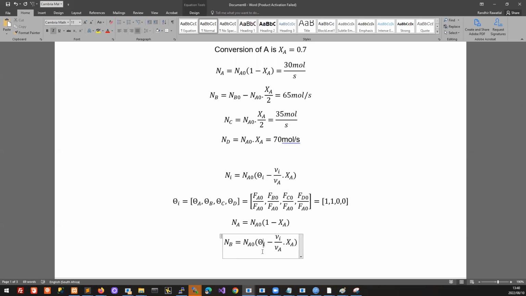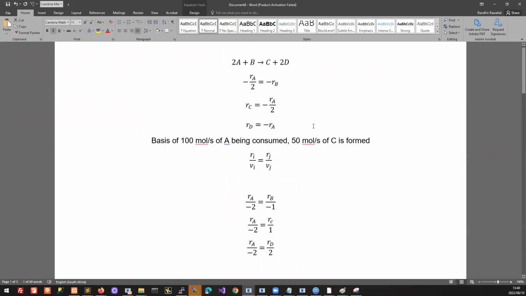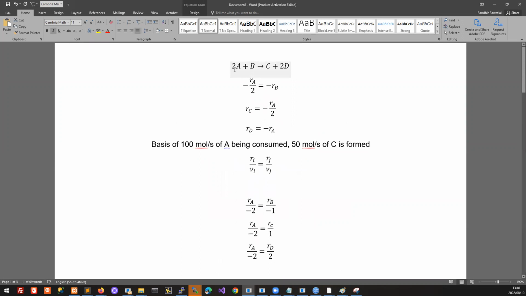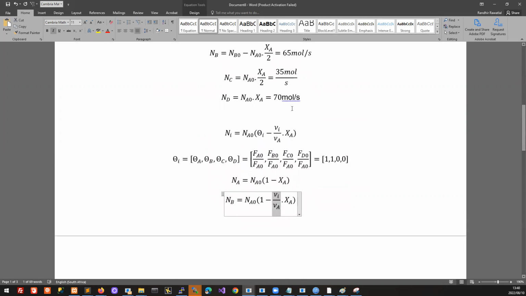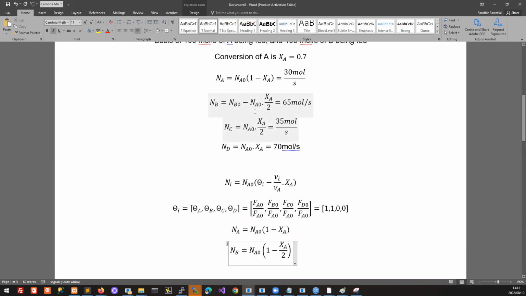NB equals NA0. Beta B, we've just said is a 1. And then you've got nu B over nu A. So nu B over nu A is going to be -1 over -2. So it's a half. So this is XA over 2. And if we look here, you've got your minus NA0 XA over 2. Right, so this part is correct as well.